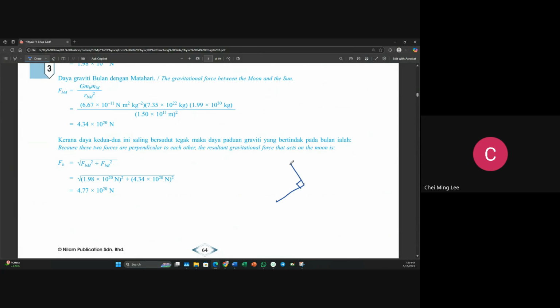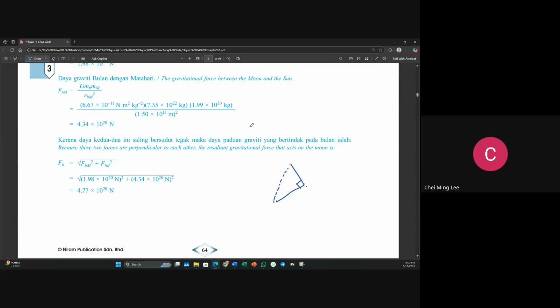So if I connect here to here, this is the Moon to Earth force, and the Moon to Sun force. Because they are perpendicular to each other, it means it's 90 degrees. So this will be the resultant force.